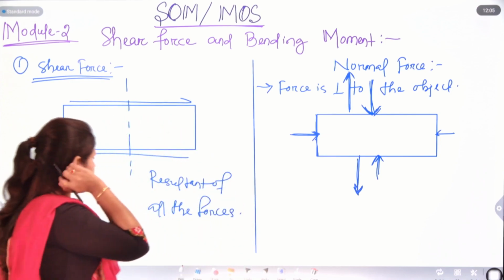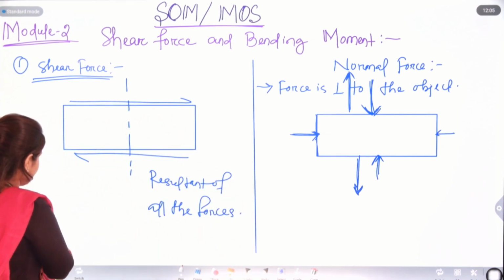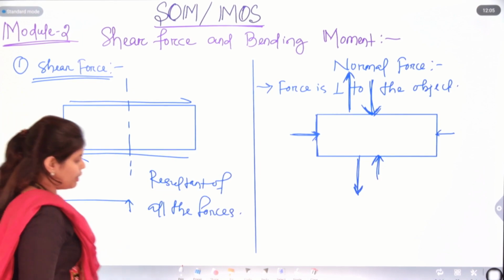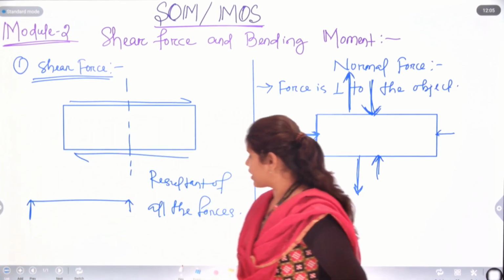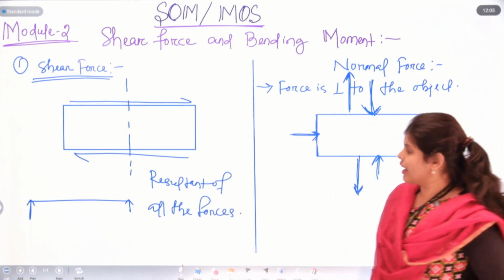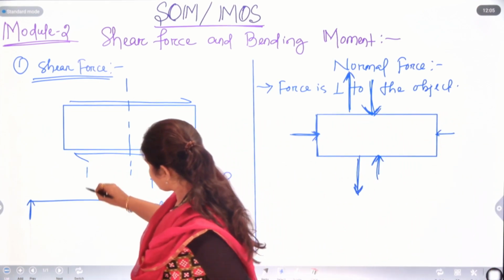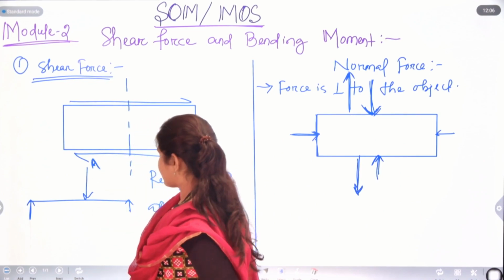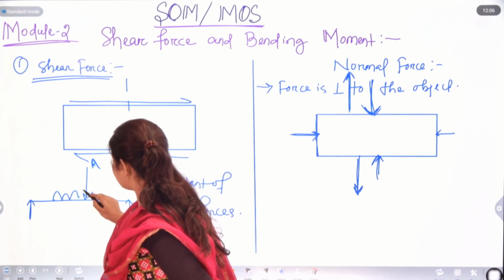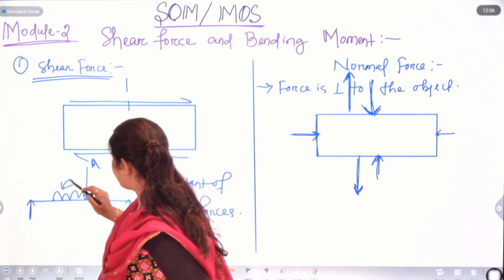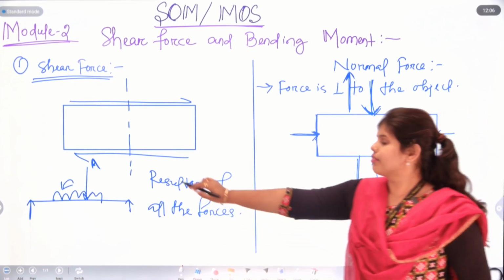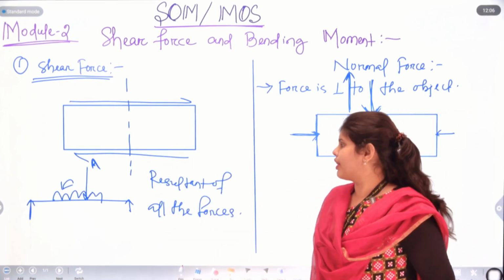In case of any particular beam, let's say we have a beam and there is one point load, let us take it as A, and another one is UDL. So, shear force will be the resultant of this UDL and point load.